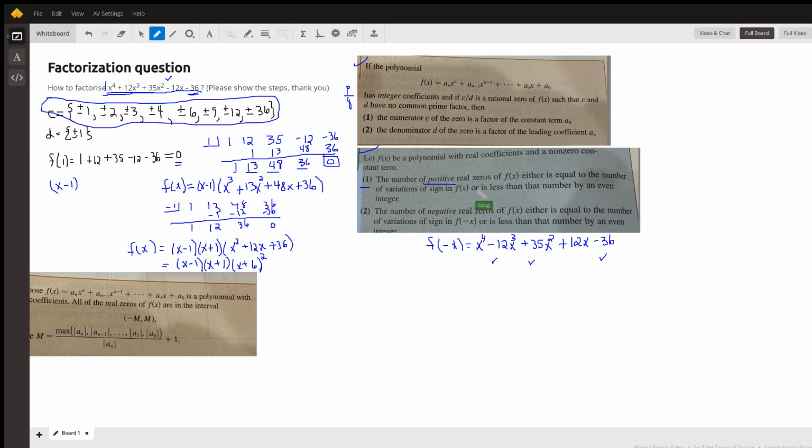Okay. And for f of negative x, the number of sign changes will be the number of negative zeros. I can see 3 sign changes: positive to negative, negative to positive, positive to negative. So any additional roots that we check for will be negative.